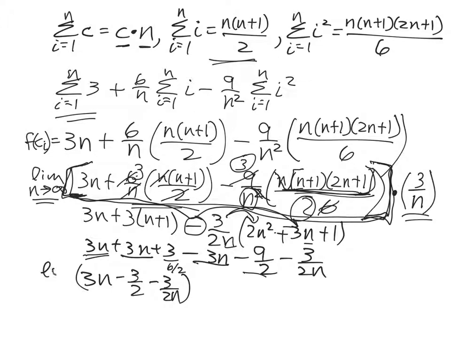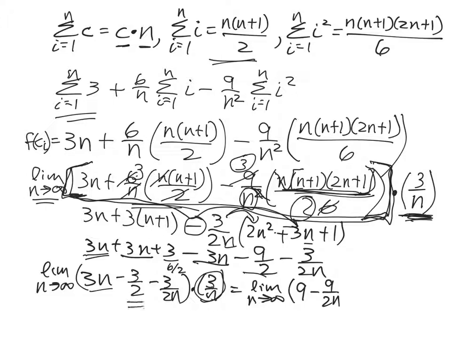So now we've got the limit as n approaches infinity of this times 3 over n. Okay, multiplying our delta x by all this. So, almost done. Limit as n approaches infinity. Now we multiply this through the parentheses. 3n times 3 over n will leave us with 9 minus 9 over 2n and minus 9 over 2n squared.